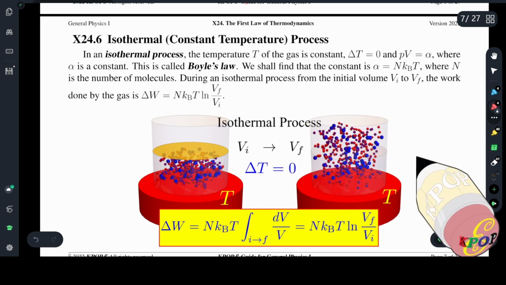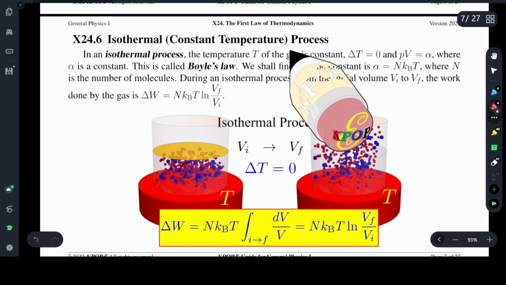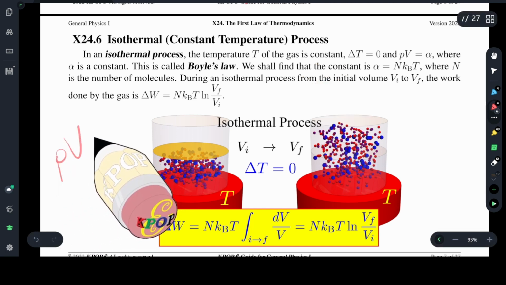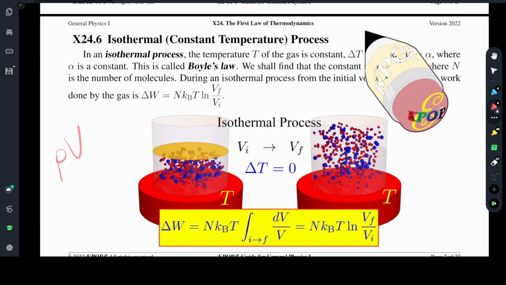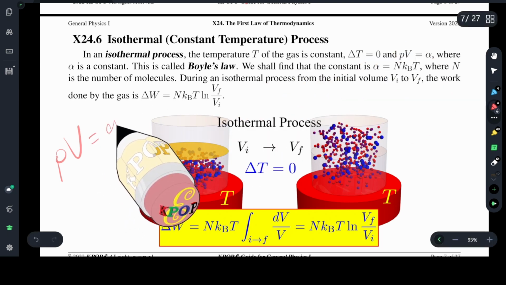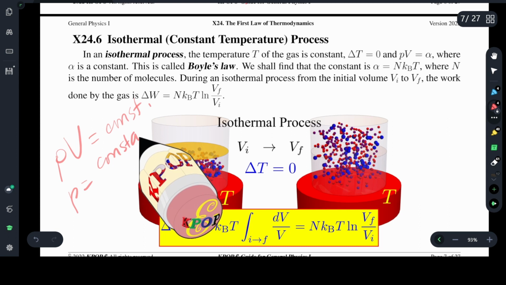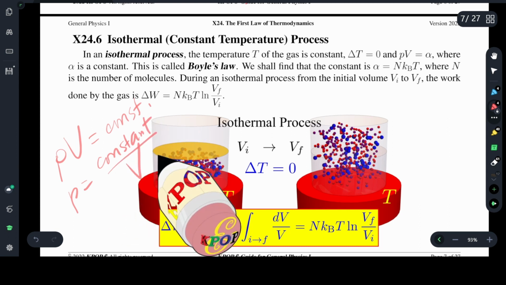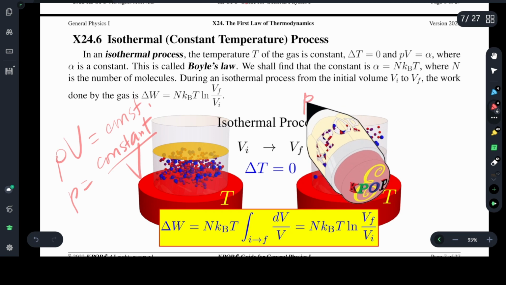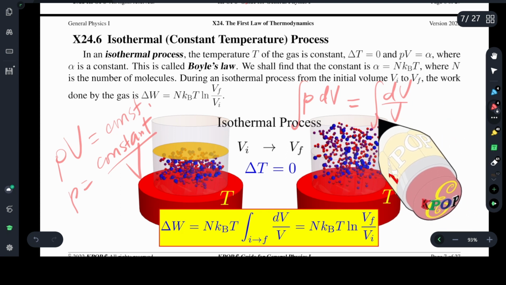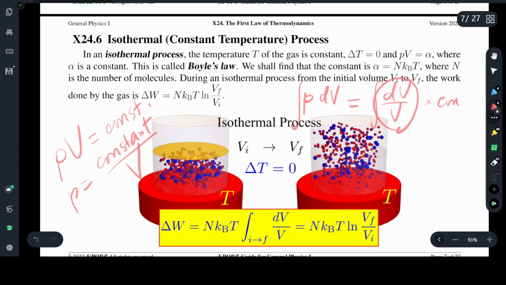Okay, the amount in a constant temperature process is governed by the phenomenological law called Boyle's law. Boyle's law states that PV is constant when temperature is fixed. If it is constant, pressure is constant over V. So the work done by the gas is the integral of PdV, and that is a log times the constant.